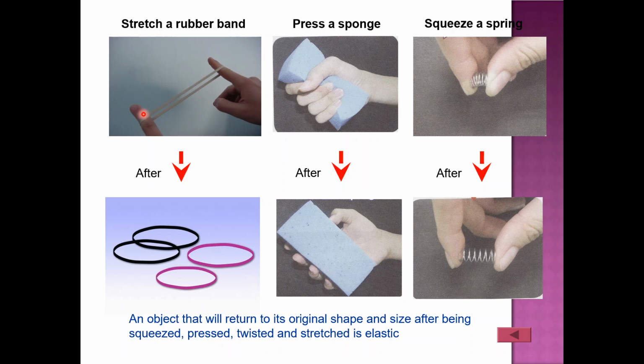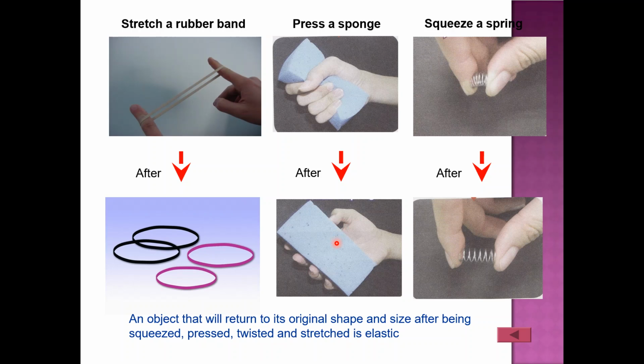Here you can see when we apply force on a rubber band, its shape and size changes, but when we remove the force, it regains its original shape and size. When a sponge is pressed, its shape and size also changes. But when the force is removed, it regains its original shape and size.